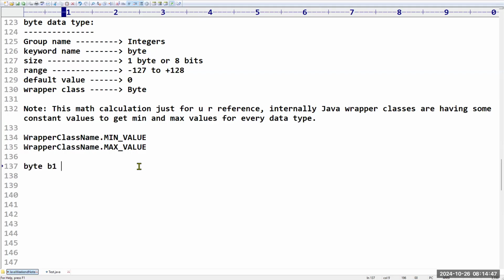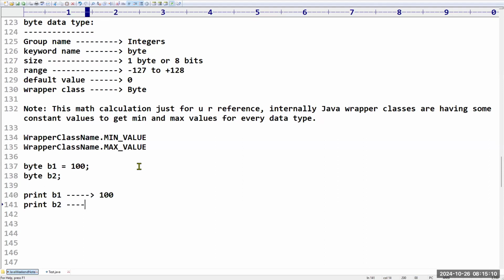Now, sir, I want to take some questions. If you take byte b1 equal to 100, is it valid or invalid? Valid, sir. If I take byte b2, is it valid or not? It is still valid, but we didn't assign any value. If you print b1, what output will you get? 100, right?